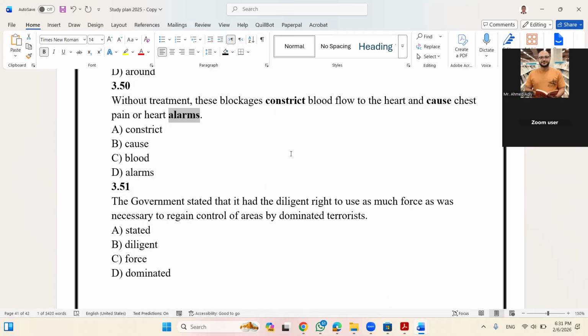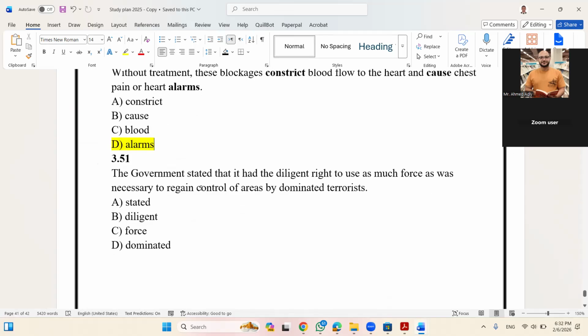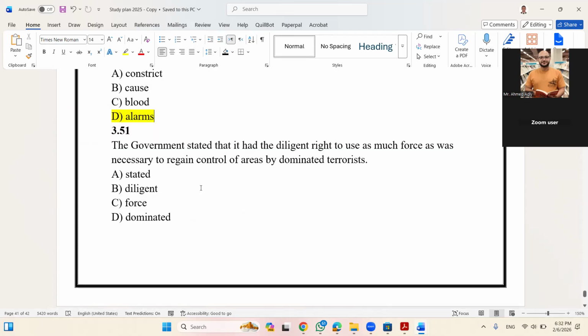Heart alarms. We don't have something called heart alarms. We say heart attacks. Good. Heart attacks.